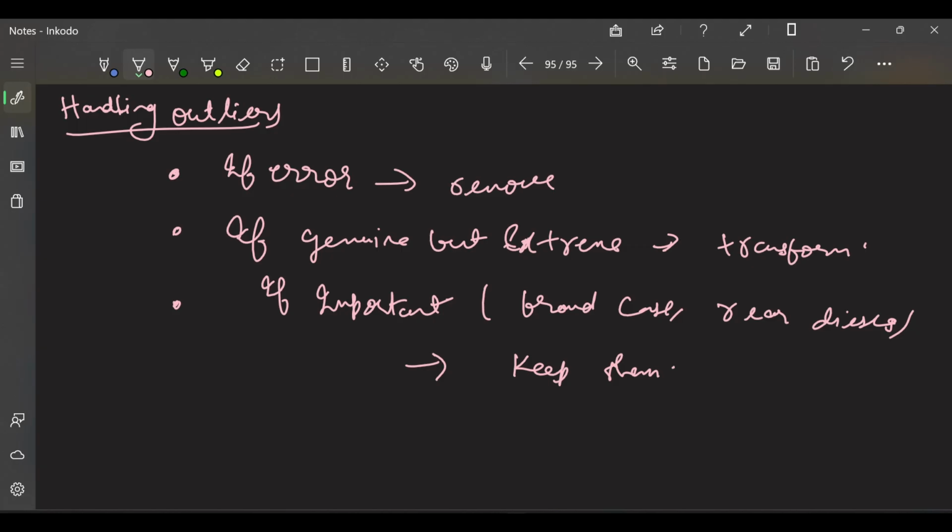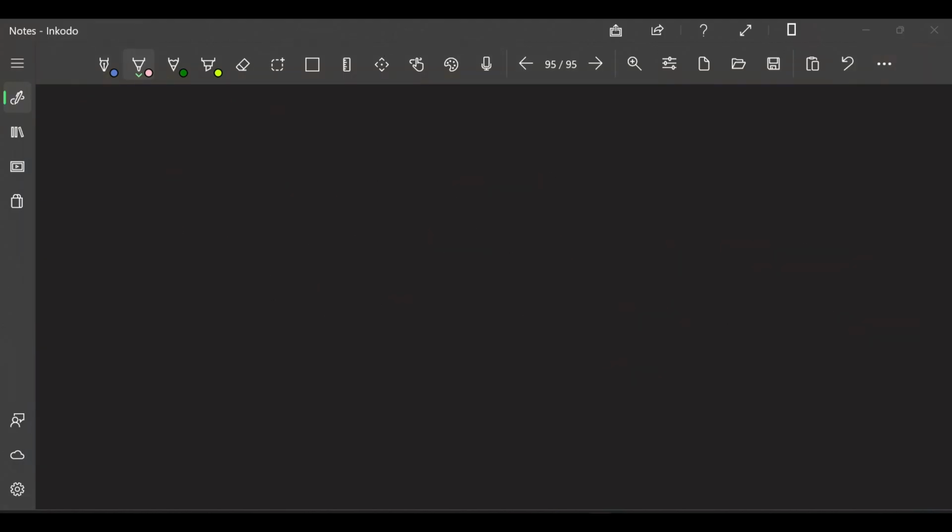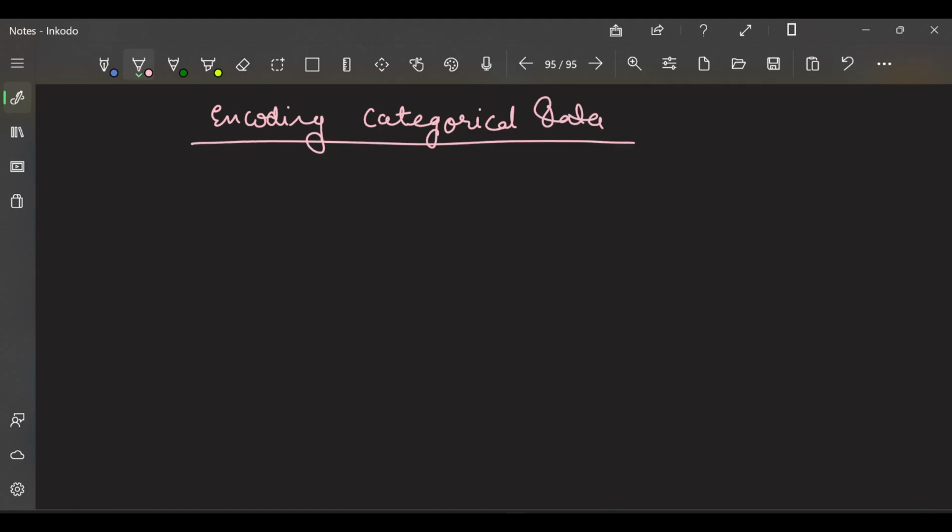So now the third portion is encoding categorical data. Okay, so let me write down encoding categorical data. Just understand one problem and then we will discuss it.